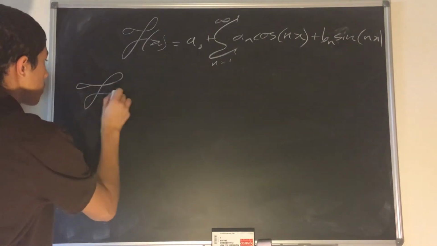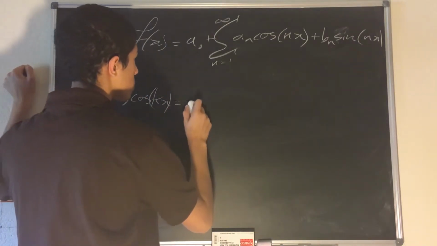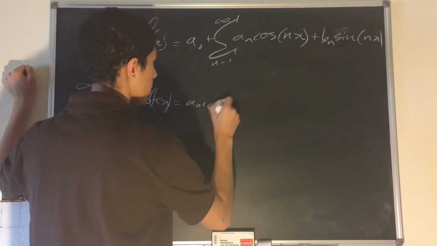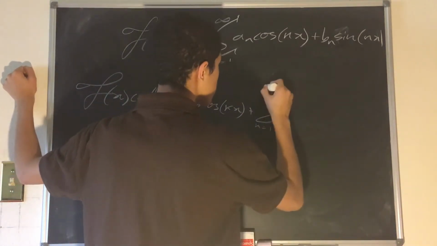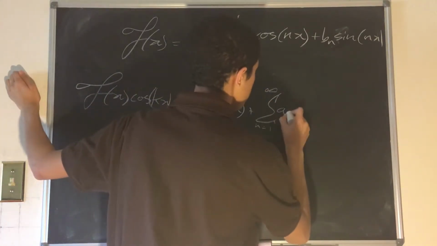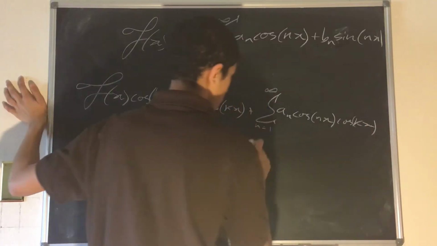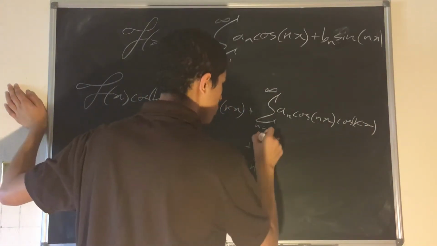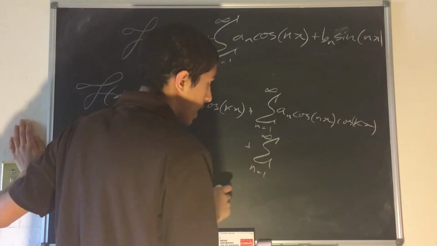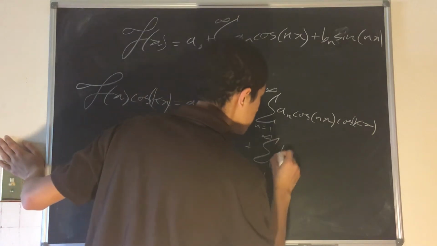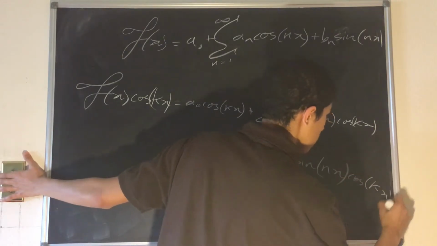So we have f of x cosine kx is equal to a0 cosine kx plus the infinite sum from n equals 1 to infinity of a_n cosine nx cosine kx plus the other infinite sum from n equals 1 to infinity, and we break it up into two infinite sums just for simplicity here, but you can always keep it as one sum, of b_n times sine nx times cosine kx.